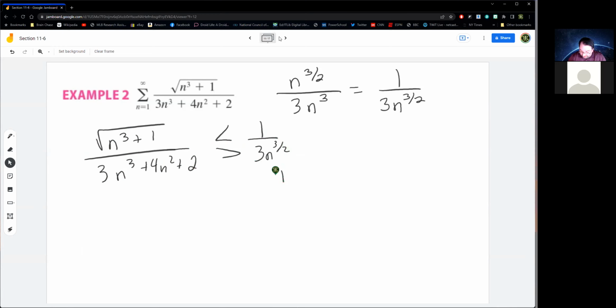I know this converges because it's a p-series and p is 3/2, which is greater than 1. But I don't know if the original is greater than that or less than it. So I would have to do a limit comparison test to be able to show that.